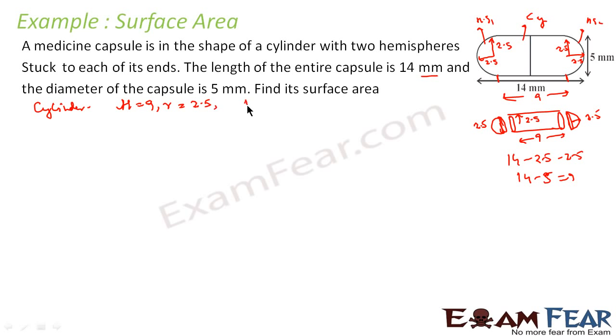For the hemispheres, both are the same, so I'll write only one. Radius is equal to 2.5. This is the data we have got, all in millimeter.